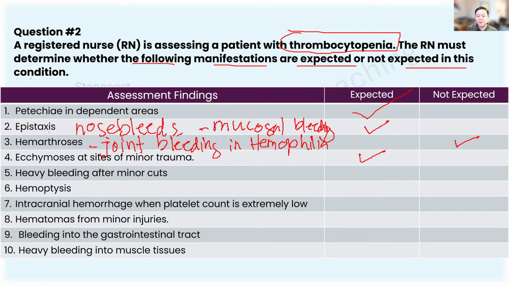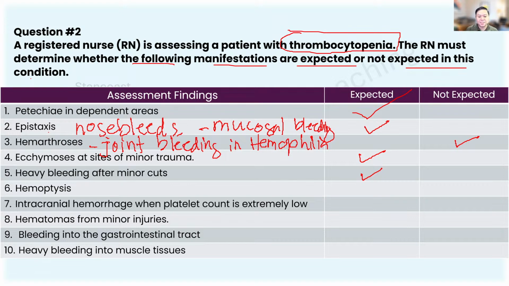What do you think about that one? Well, heavy or prolonged bleeding will be assigned to expected, because when they have a small cut, their bleeding time will be prolonged even with that very small cut. That's because of the low platelet count.